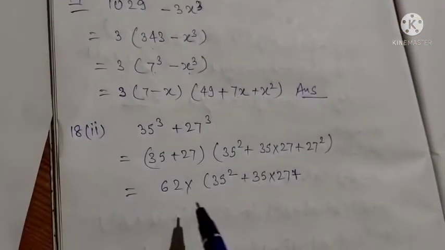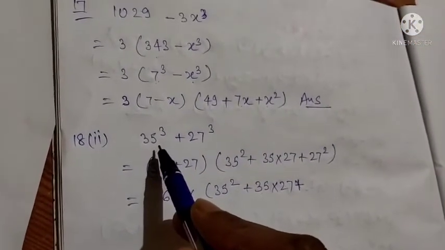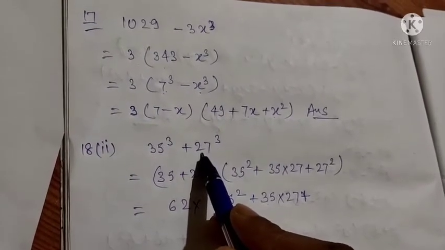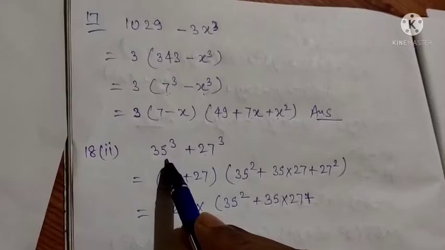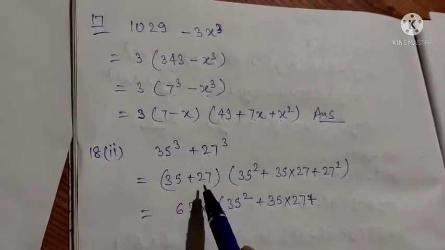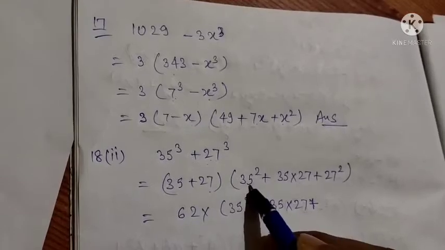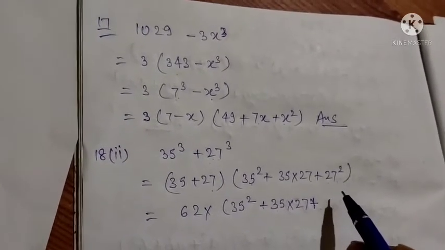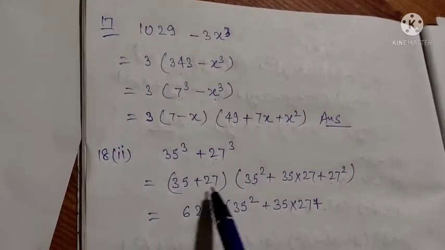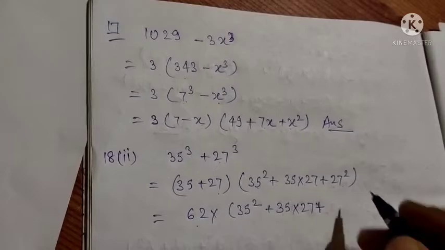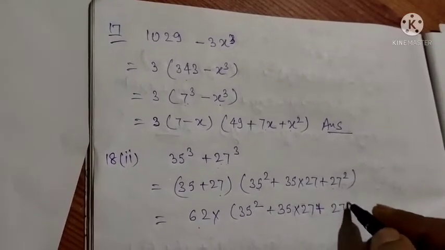Okay, and the next question is, we have to show that 35 cube plus 27 cube is divisible by 62. And since it is in the form of a cube plus b cube, so we can write it as (35 plus 27) into (35 square minus 35 into 27 plus 27 square). And 35 plus 27 is equal to 62, and we are writing the rest as it is.